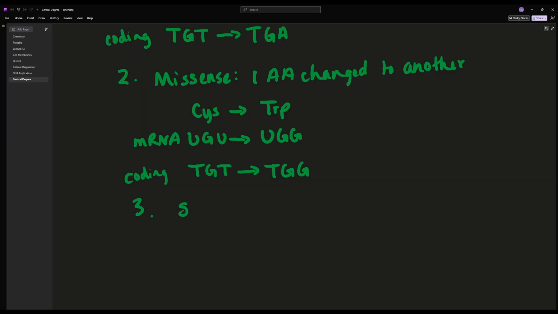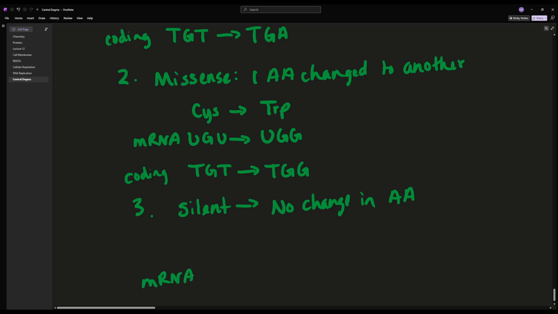Okay, the next is a silent mutation. You might also hear this referred to as a synonymous mutation. Okay, this is where there's no change in the amino acid. So once again, our mRNA is UGU, and it's going to become UGC.